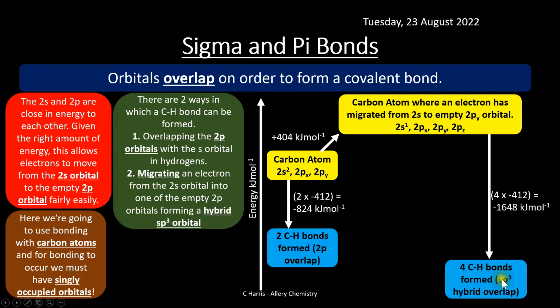The s, px, py and pz orbitals are effectively scrapped, and we form 4 brand new orbitals called sp3 orbitals, which are hybrids.